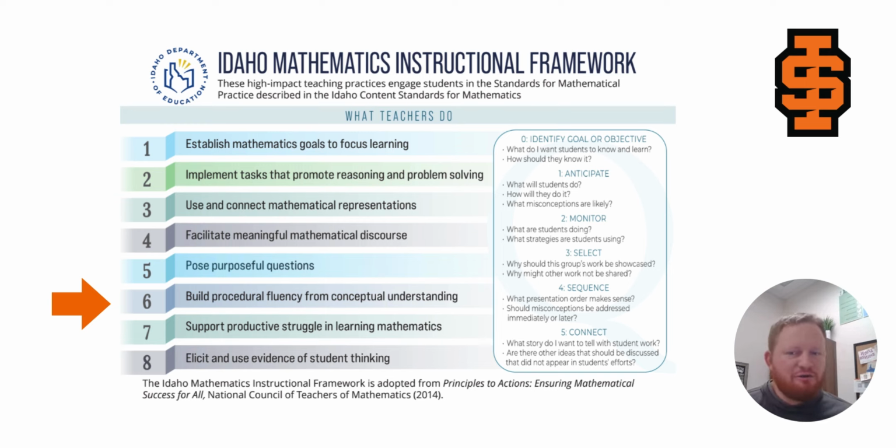I always feel like these go so fast. This concludes our discussion on practice 6, building procedural fluency from conceptual understanding, from the Idaho Mathematics Framework. I just want to reiterate one thing about what fluency is. It's that they can think flexibly, their methods and strategies are accurate, and that they're efficient.